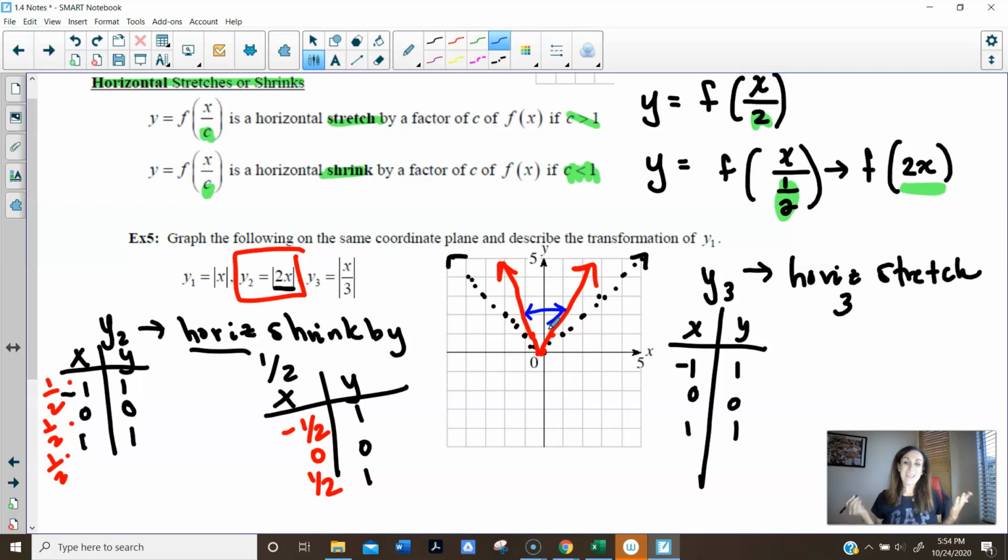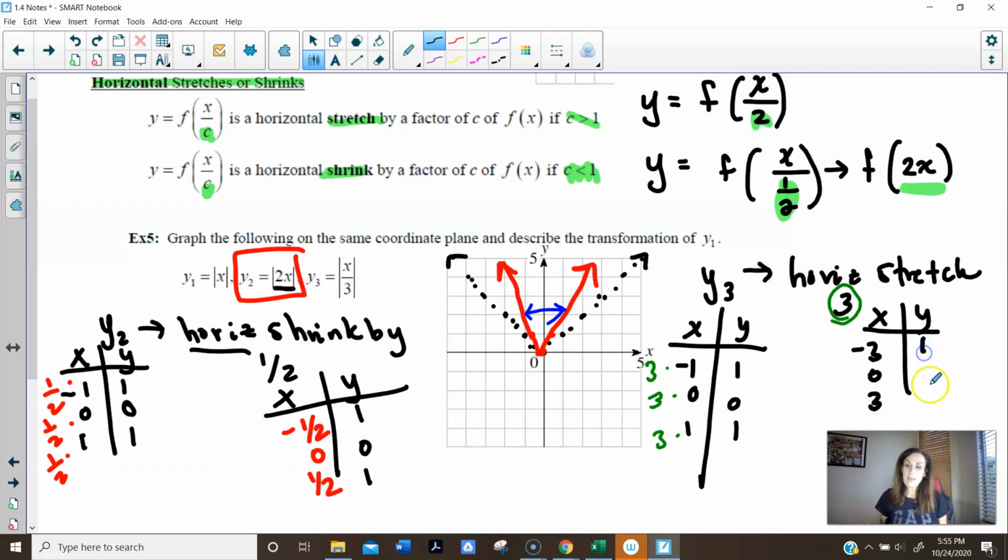Now looking at a horizontal stretch, if we have a horizontal stretch, then we're going to multiply those x values by 3. So we'll take each of the x values in the original parent function and multiply them by 3. When I do that, I get 3 times -1 is -3, 3 times 0 is 0, and 3 times 1 is 3. And then the y values are going to be the same.